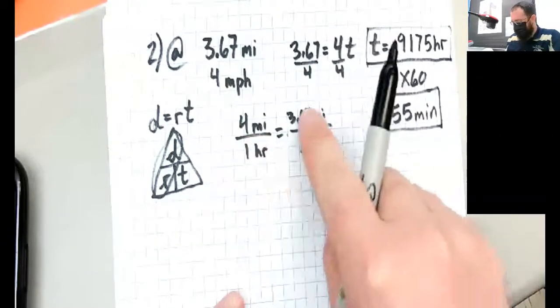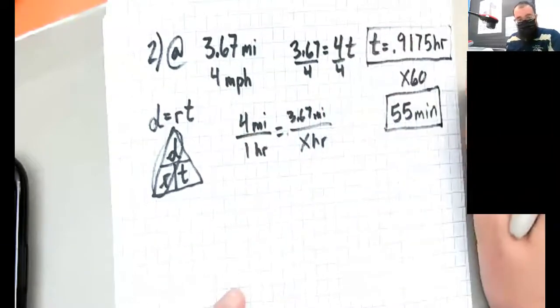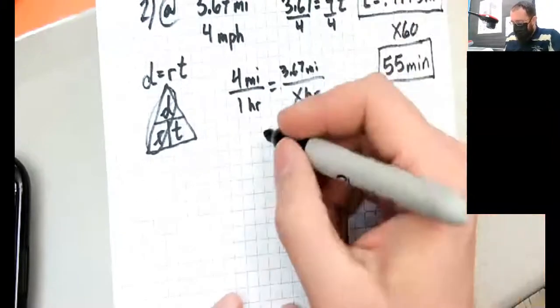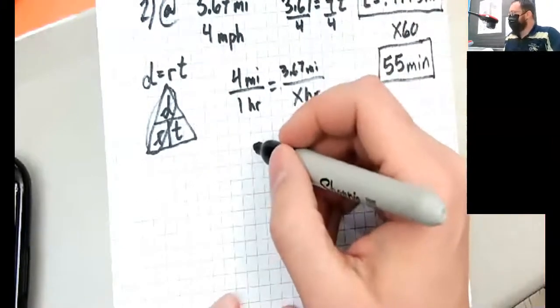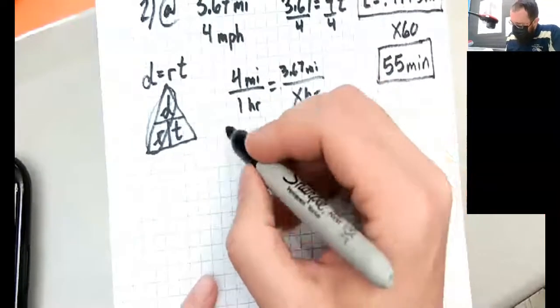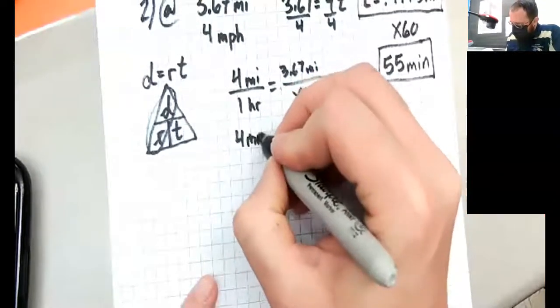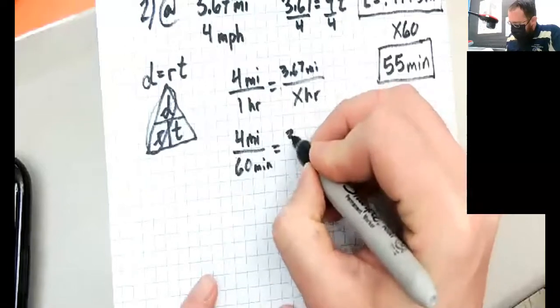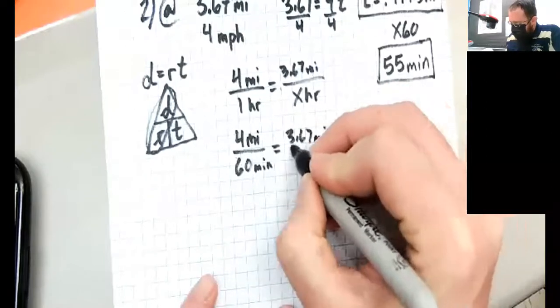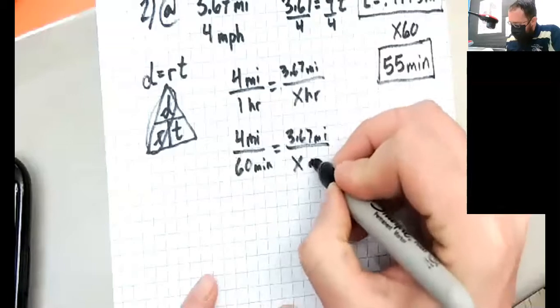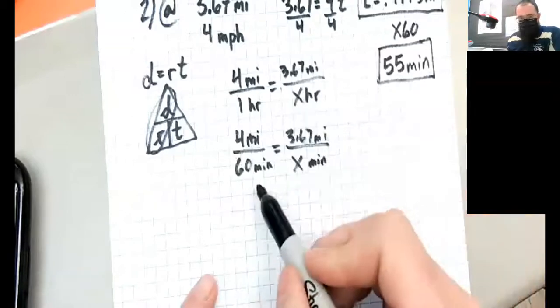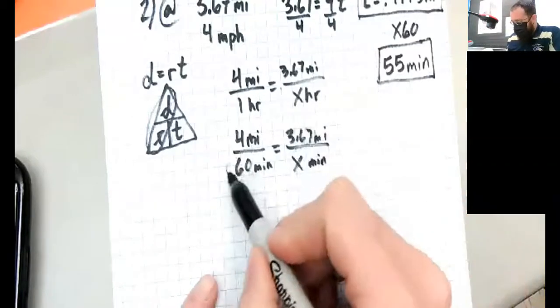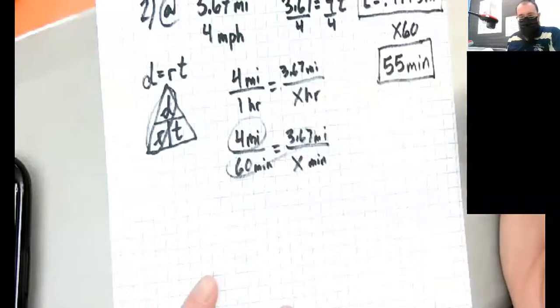Or I've seen some kids go big brain and go 4 miles in 60 minutes equals 3.67 miles in X minutes. And they just skip the whole hours thing and cross multiply and divide, and they do it all in one step.